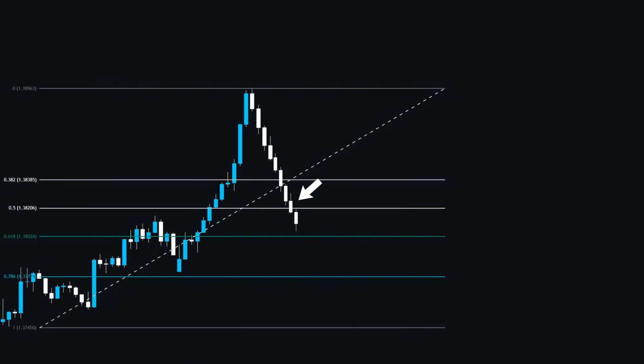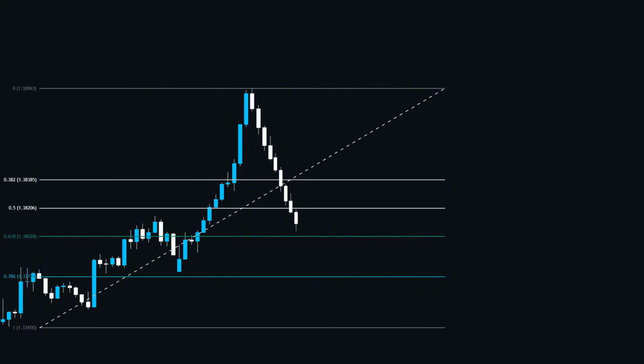As I have explained earlier, whenever the 0.5 level is broken by a small candle, it often indicates that the market might disrespect this level. In such cases, it's better not to enter a trade immediately. Instead, we wait for the market to break the 0.5 level to the upside with a strong bullish candle. This gives us confirmation that the 0.5 level could still hold.